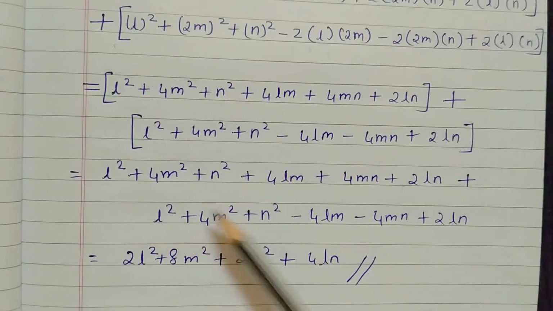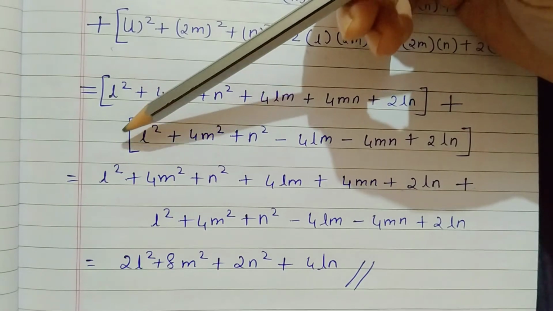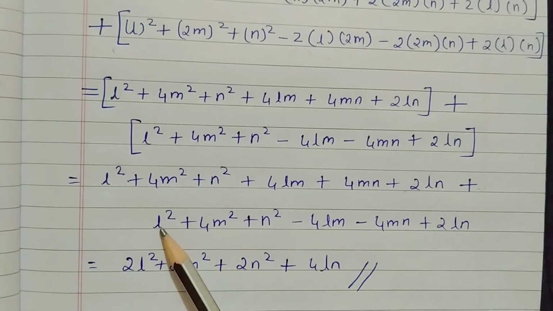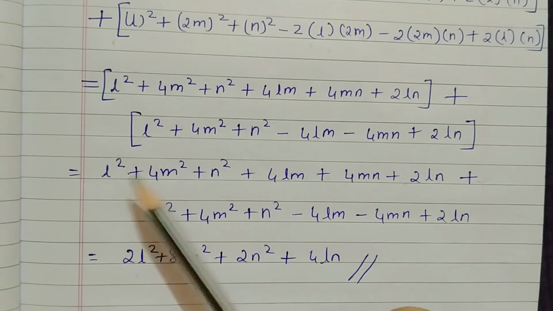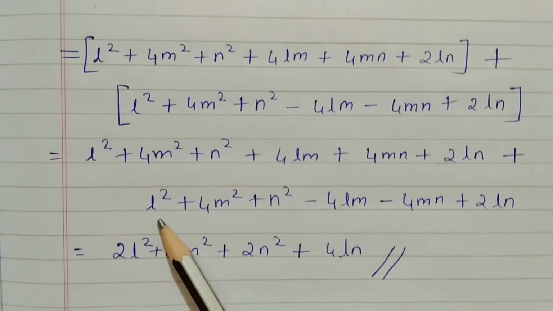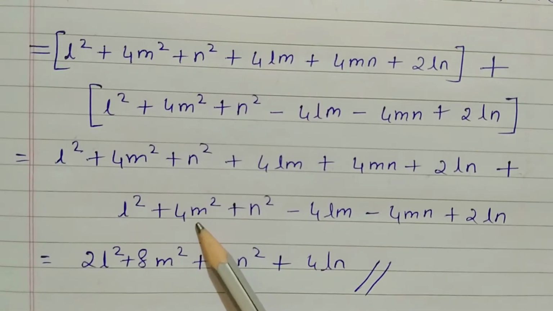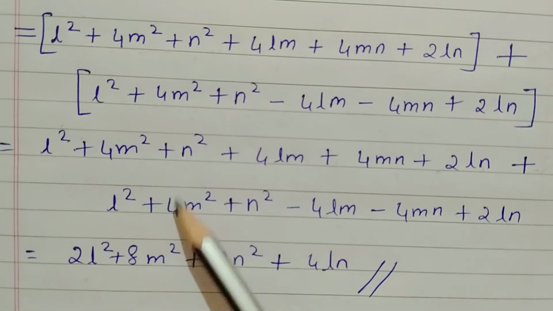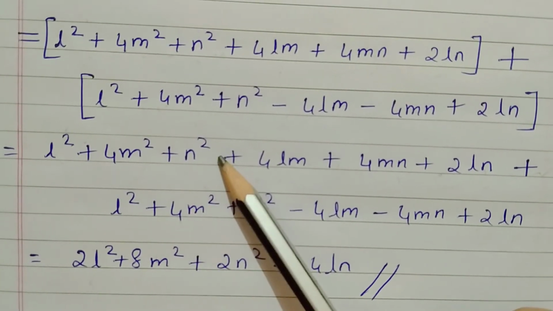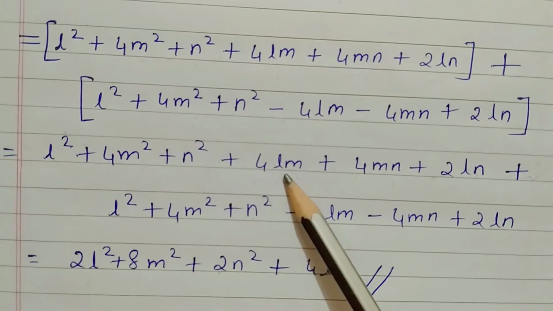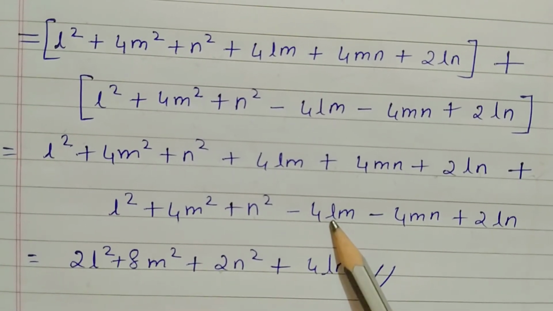So now here, L square plus L square is 2L square, 4m square plus 4m square is 8m square, n square plus n square is 2n square, plus 4lm minus 4lm is 0.